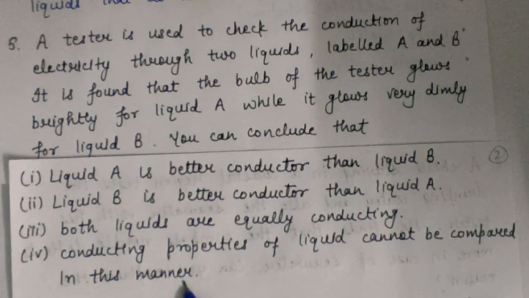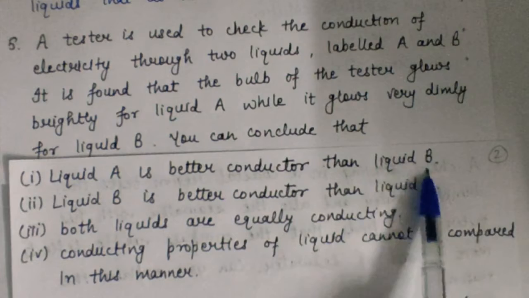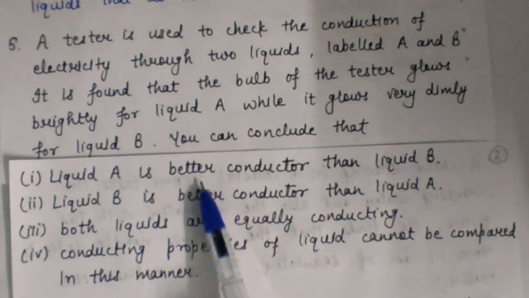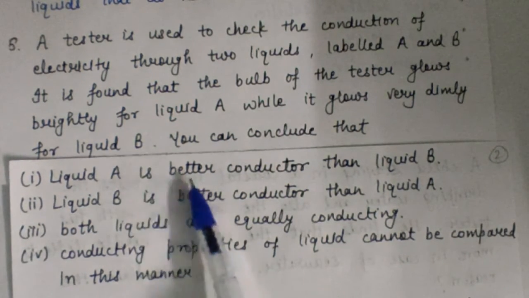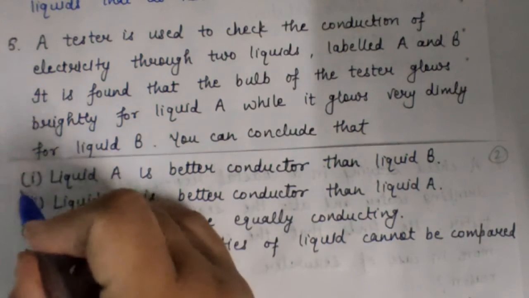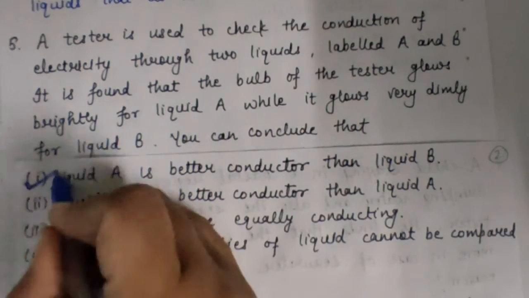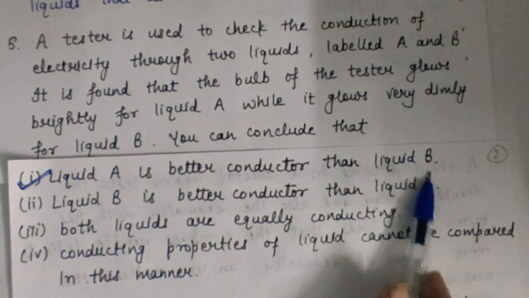So the right option is, liquid A is better conductor than liquid B. And because of the high conductivity of liquid A, the bulb will glow more brightly than liquid B. So this is the right option.